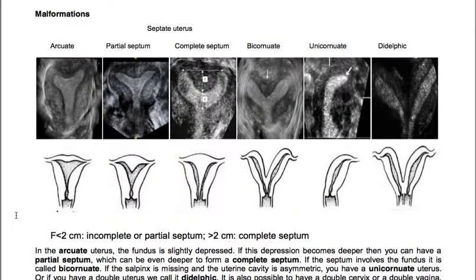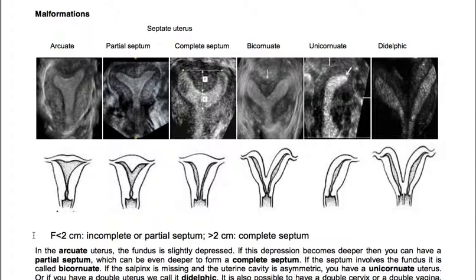So then we can have malformations like septate uterus, which can be arcuate, partial septum, complete septum, bicornuate, unicornuate, or didelphic. In the arcuate uterus, the fundus is slightly depressed.